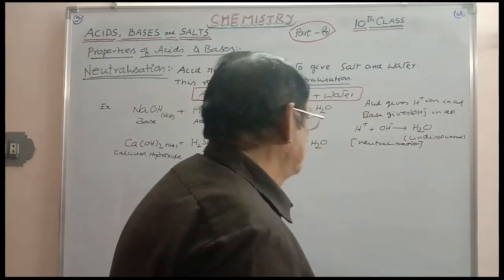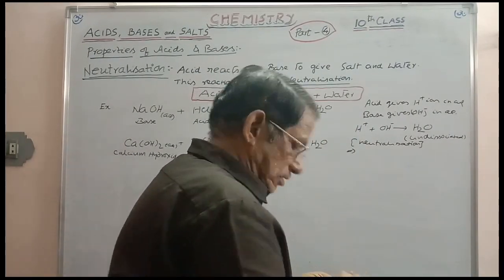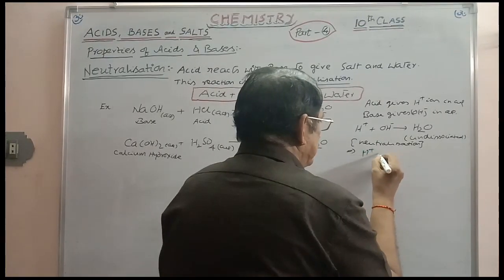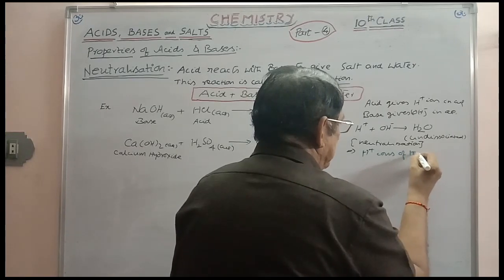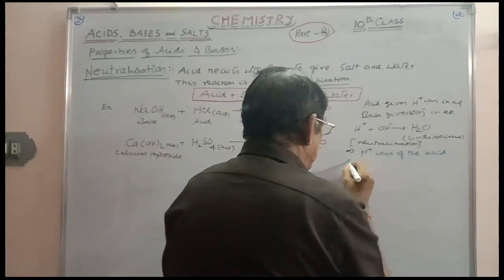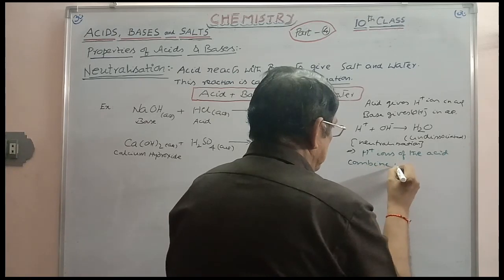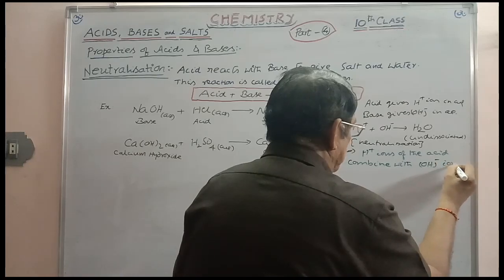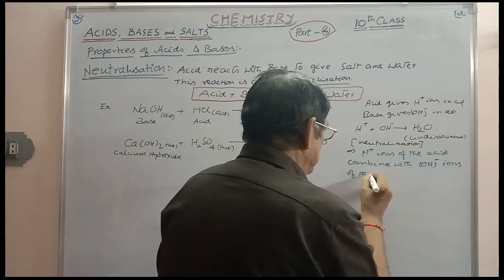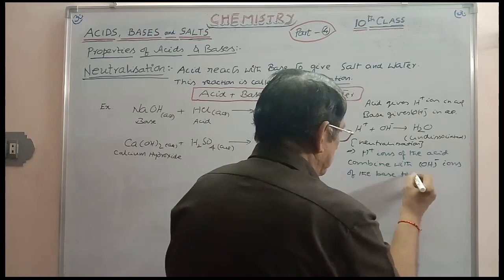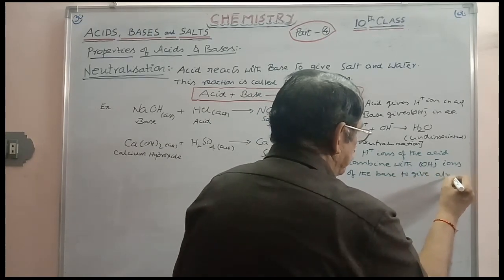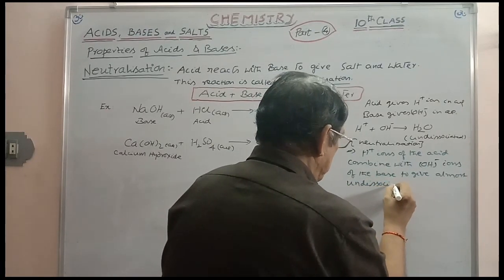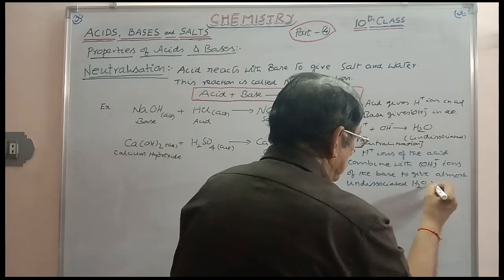Another definition you can write in this way: H plus ions of the acid combine with OH minus ions of the base to give almost undissociated H2O molecules.